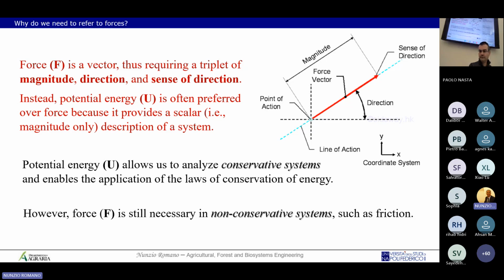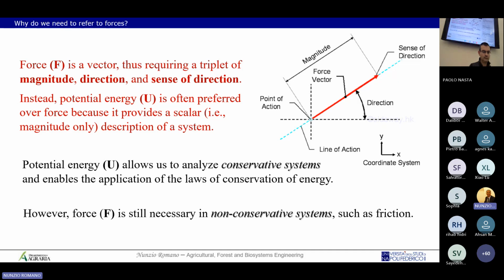And from the modeling point of view, from the mathematics, it is not a vector, it's a scalar. So you can define the potential energy only if you use the magnitude. And potential energy allows us to analyze the conservative systems. Most of the problems we deal with are conservative.